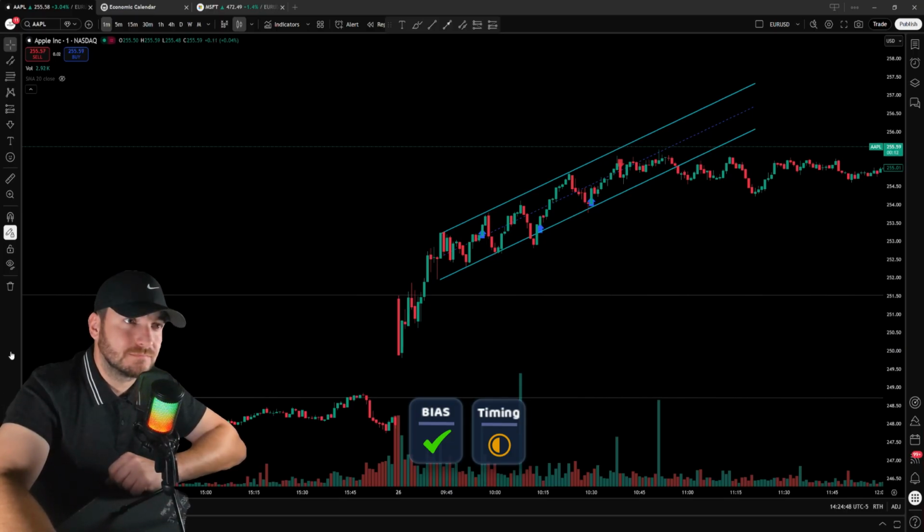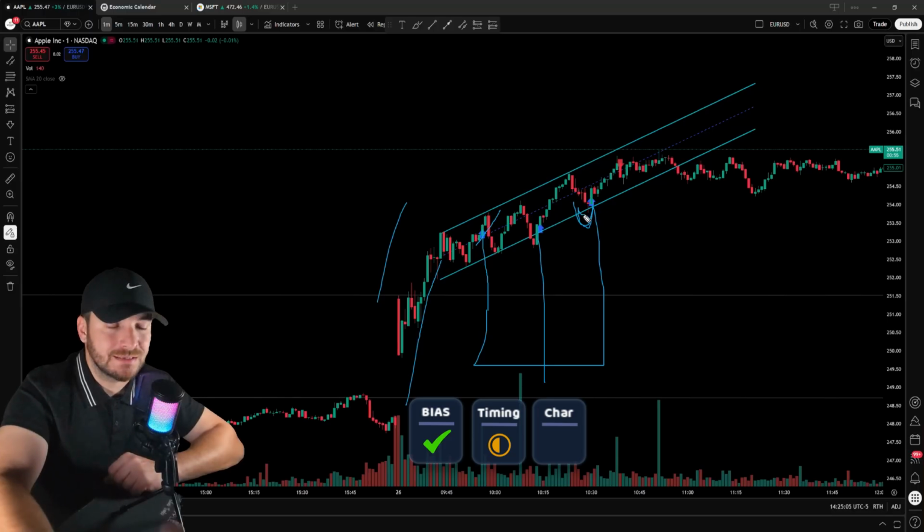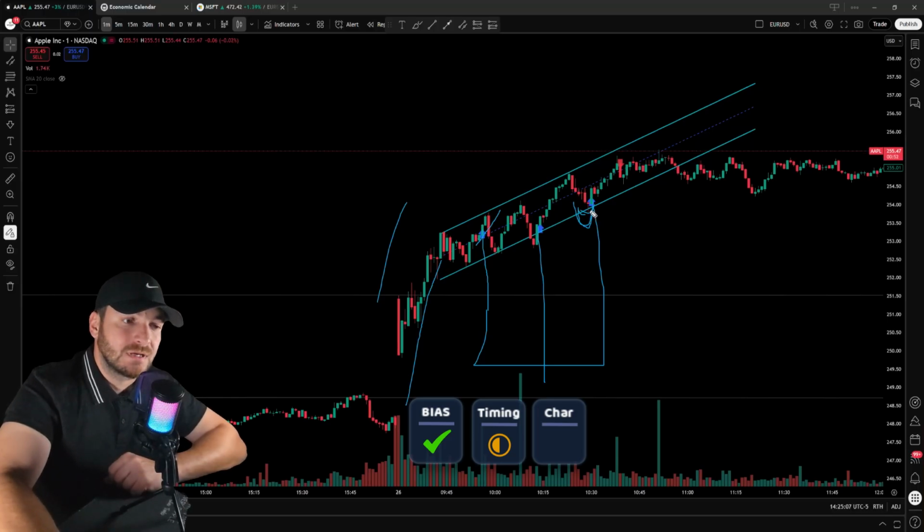Now, character. Because of this very strong push up, we had the entry here, and it was one of my thoughts. Then the second one, and the third one even more, because of more volatility coming in, more demand coming in here. I was expecting the character to show up.